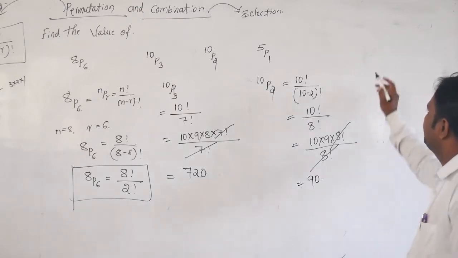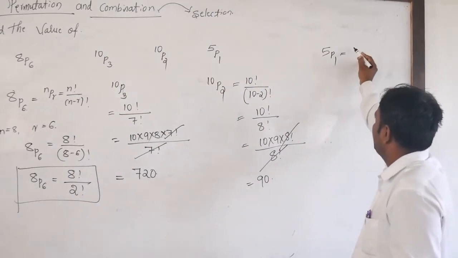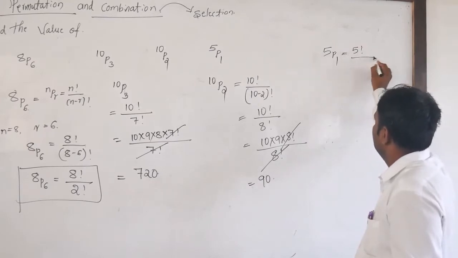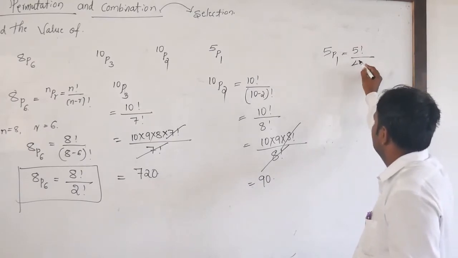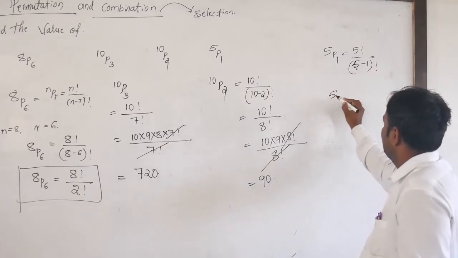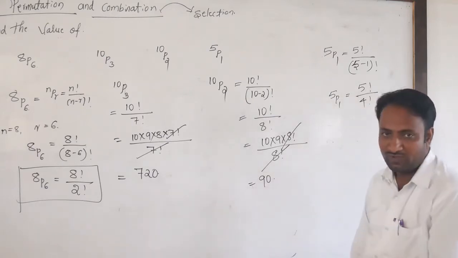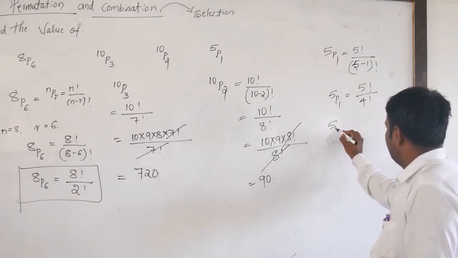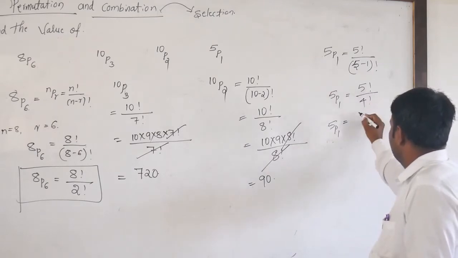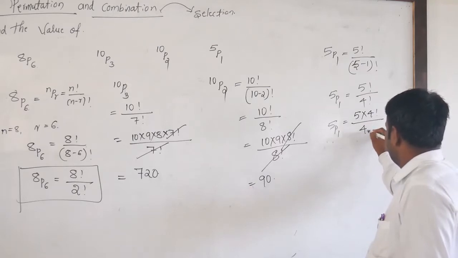Similarly, 5P1 is 5 factorial divided by (5 minus 1) factorial, that is 5 factorial divided by 4 factorial. Here, 5P1 is equal to 5 into 4 factorial divided by 4 factorial.